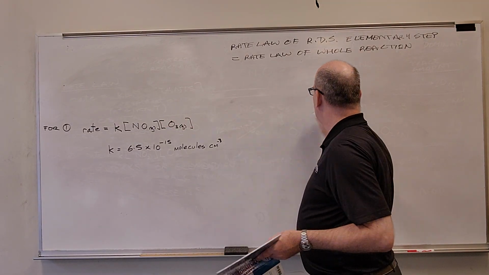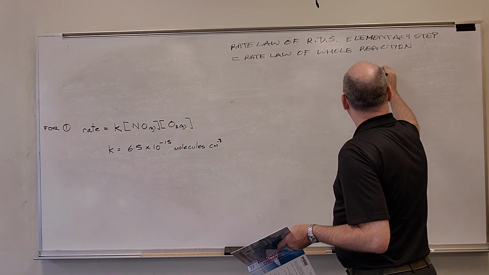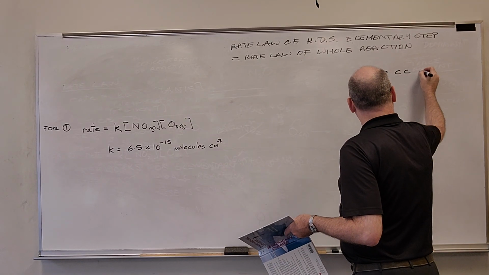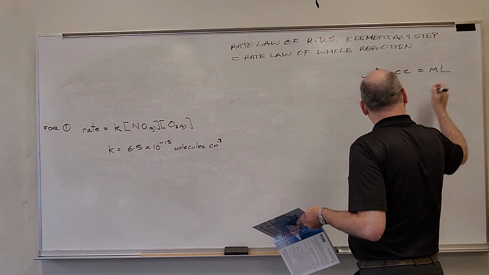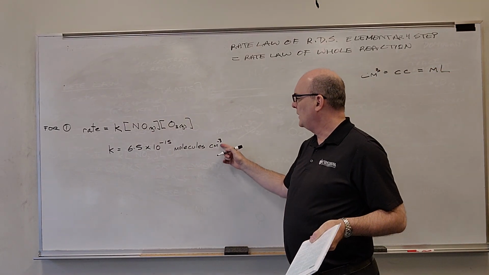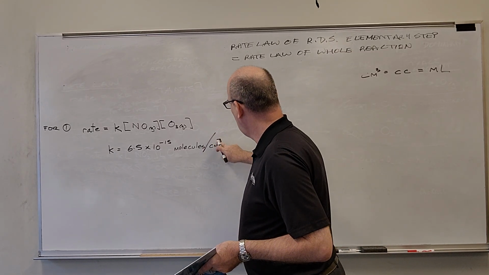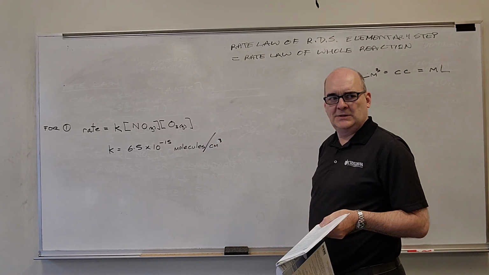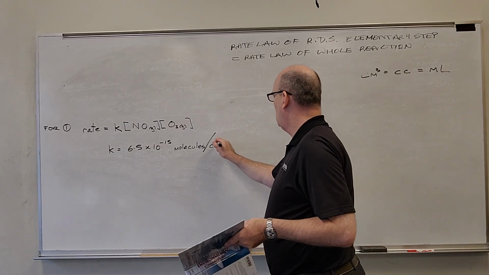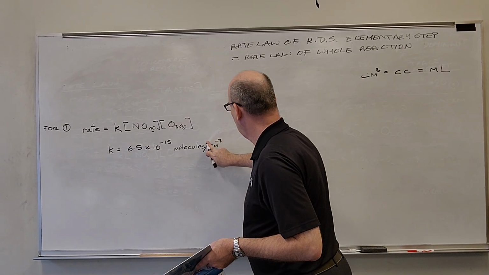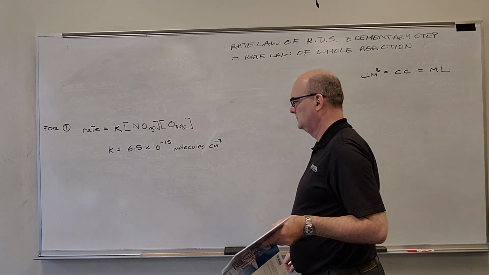So a cubic centimeter is a milliliter. And if I want to say per cubic centimeter, I can either say per cubic centimeter, or I can say this.